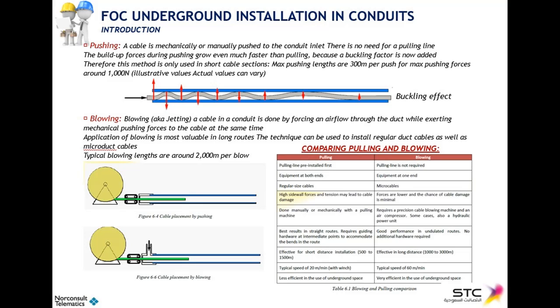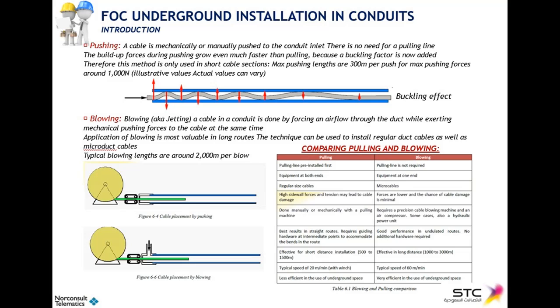From the three different installation methods that we've seen, the most important and most commonly used ones are pulling and blowing. In this table at the bottom right of your screen, we have a high-level comparison of both installation methods. On the pulling side, left-hand side, we have some requirements. For example, a pulling line must be pre-installed first, compared to blowing on the right-hand side, which does not require pulling lines.